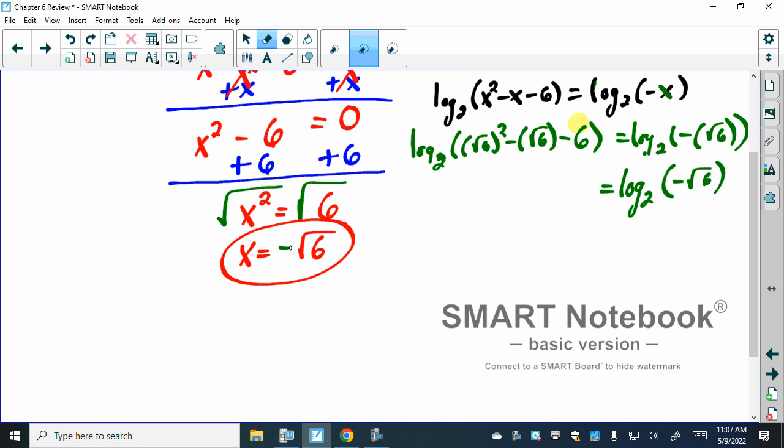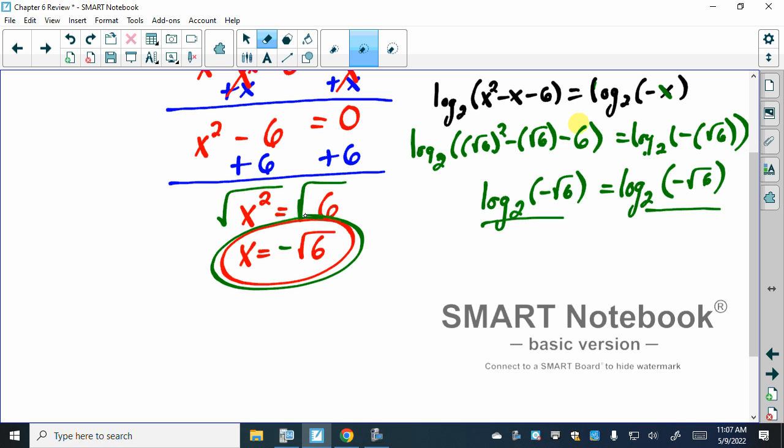If we'd simplified the other side, we would end up with log base 2 of negative square root of 6. It doesn't matter that they're the same thing on both sides, because negative square root of 6 inside of a log does not work. So the answer has to be x is equal to negative square root of 6.